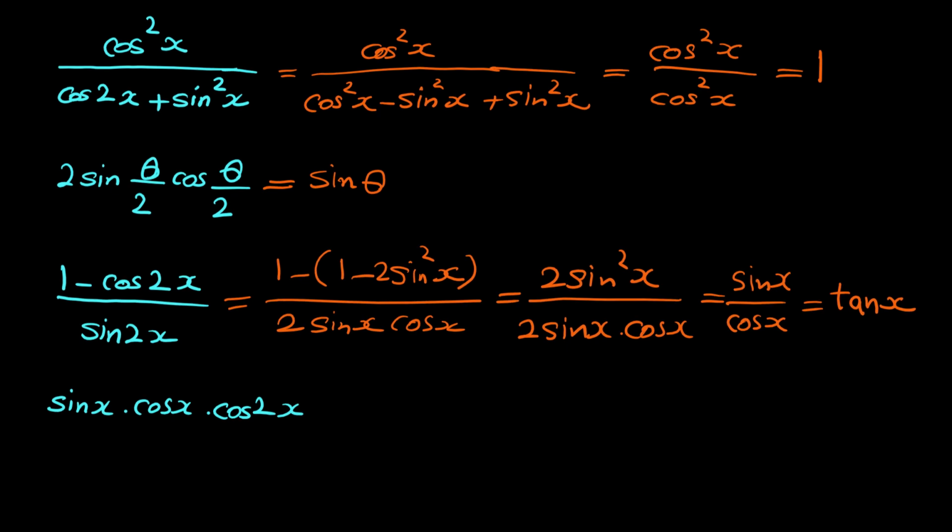We wanted to simplify this expression. We noticed this, and then based on what I explained to you, we can write this as 1/2 sine of 2x, because sine of x times cosine of x is 1/2 sine of 2x, and we leave cosine of 2x here.